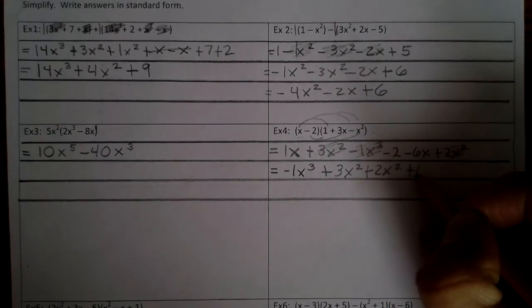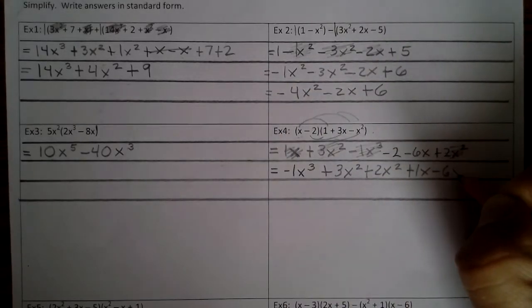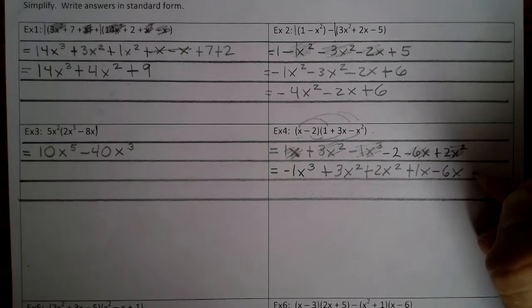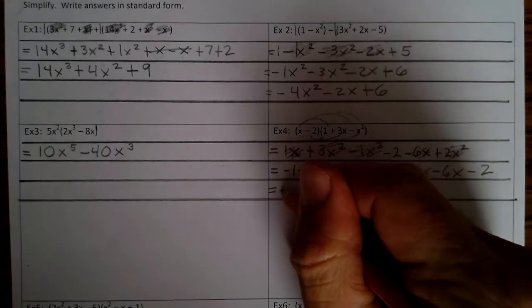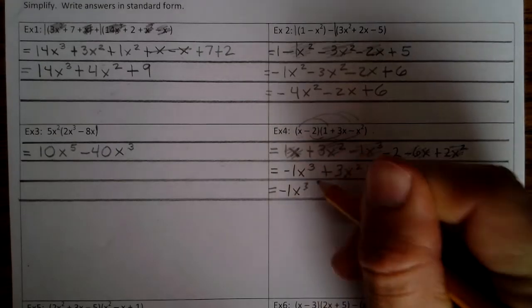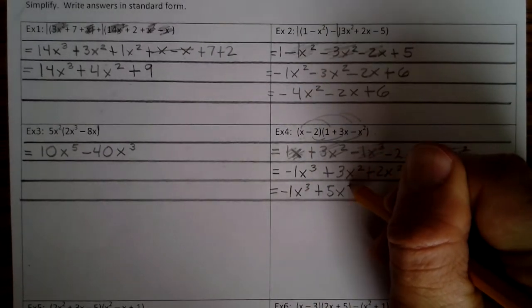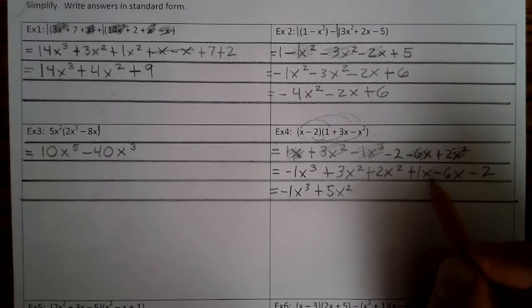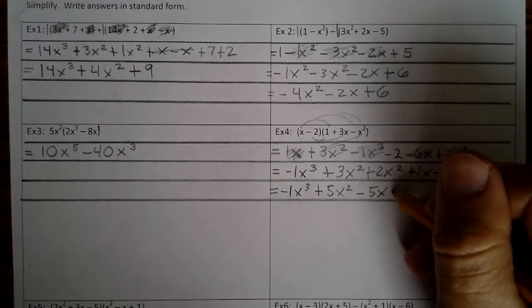Plus 1x, minus 6x, minus 2. So then you have negative 1x cubed. 3x squared plus 2x squared is plus 5x squared. And then 1x minus 6x is negative 5x. And then minus 2.